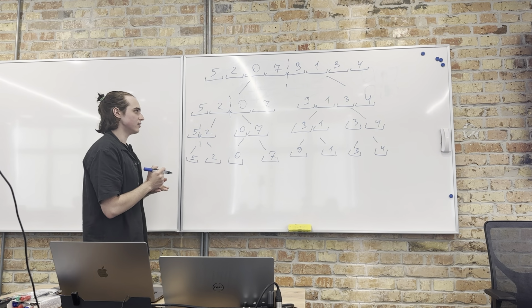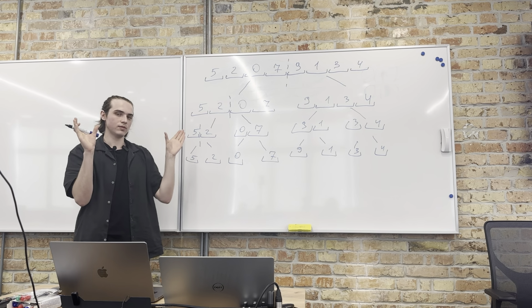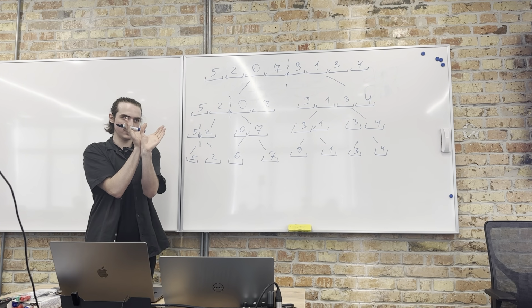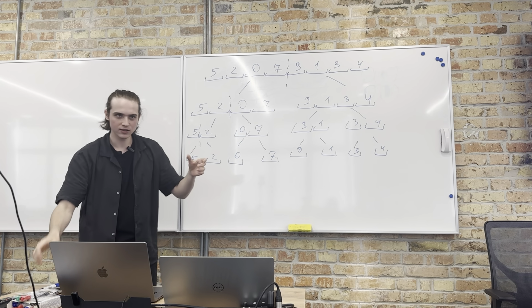And it's pretty easy to take, for example, two sorted arrays and merge them into one sorted array, right? Because it's like shuffling cards.